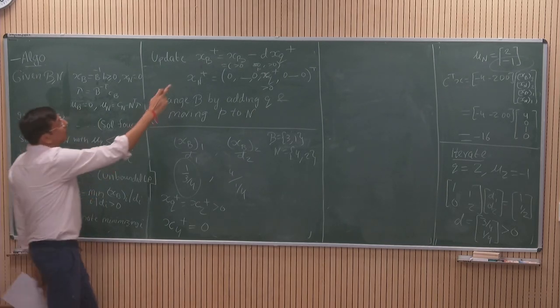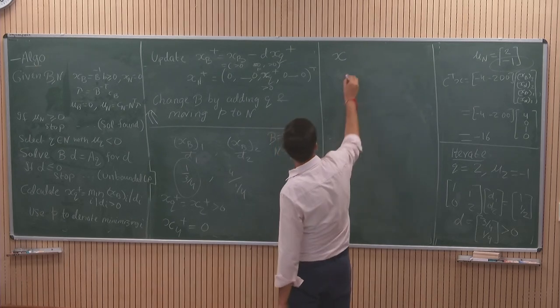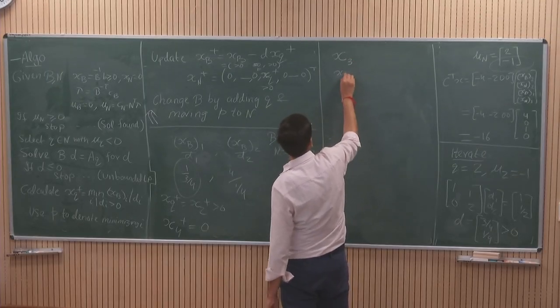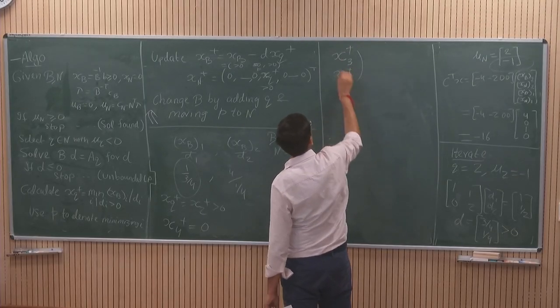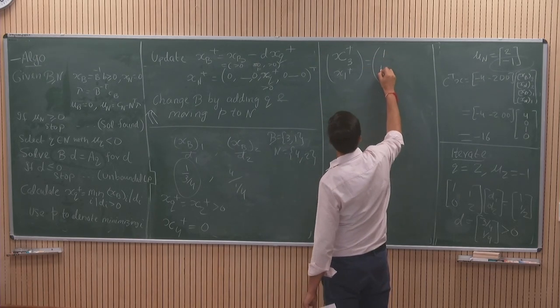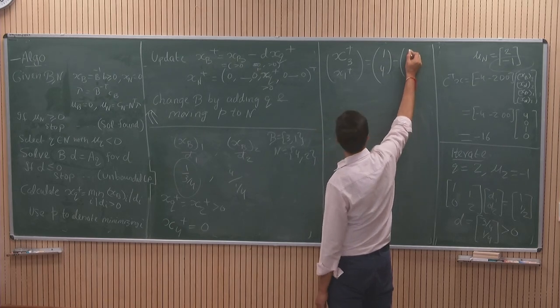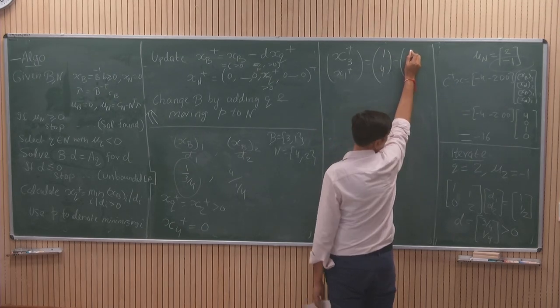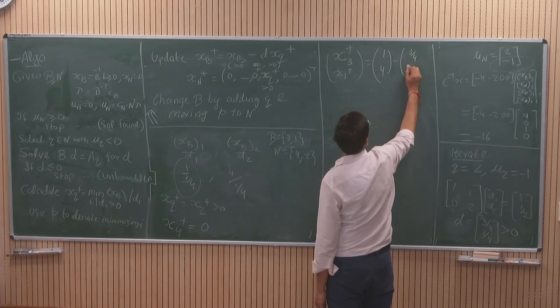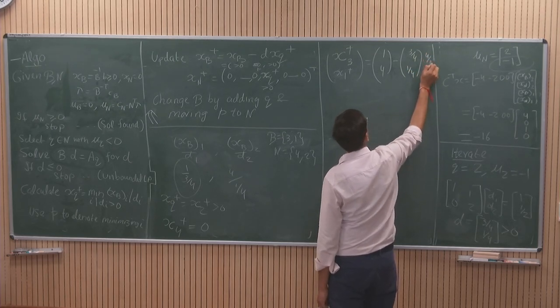Now we'll solve for xb plus. So xb is 3 comma 1 in this case. So x3 and x1 plus is equal to xb, which was 1 comma 4, minus d, where the d values are 3 over 4 and 1 over 4, multiplied by 4 over 3.